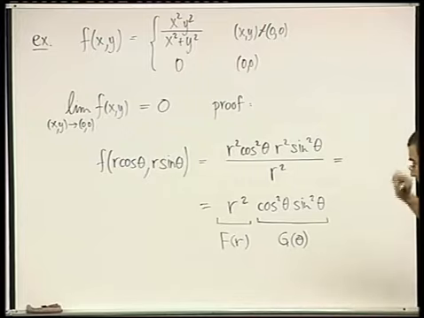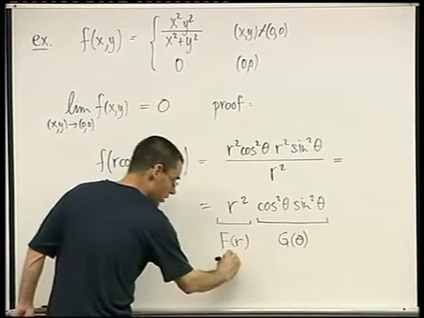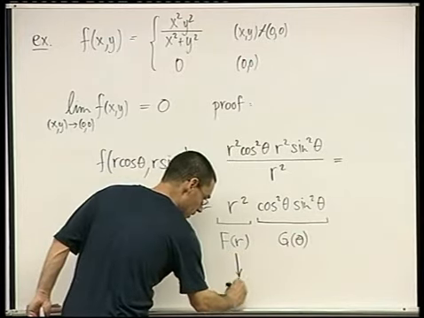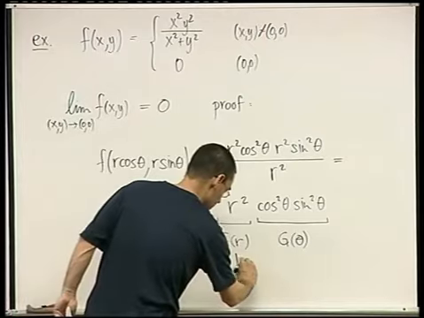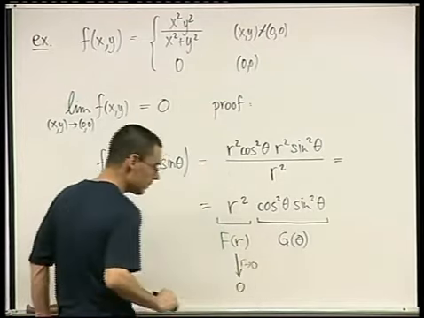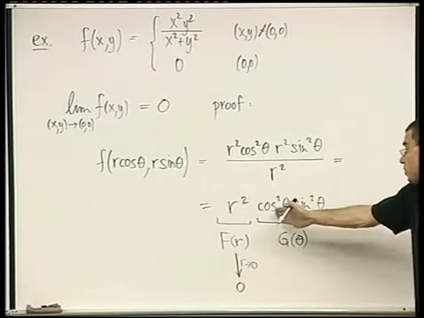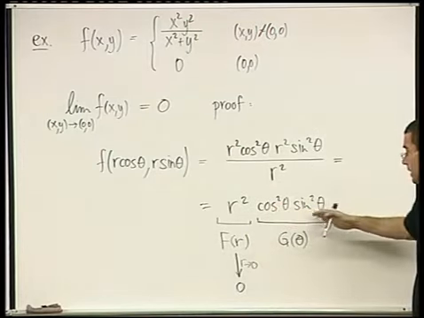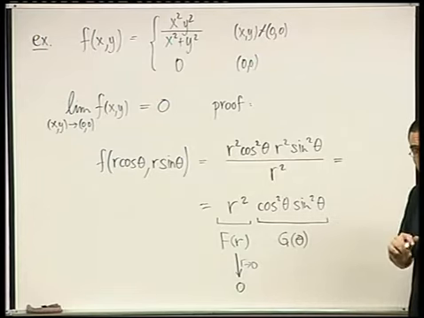Now, what has to be satisfied in order for the theorem to hold? Does F of r go to 0 as r goes to 0? Obviously, it's just r squared, so this holds. Is g of theta bounded? Yes, because it's cosine squared, which is bounded by 1, and sine squared, which is bounded by 1. Do you agree? Between -1 and 1.